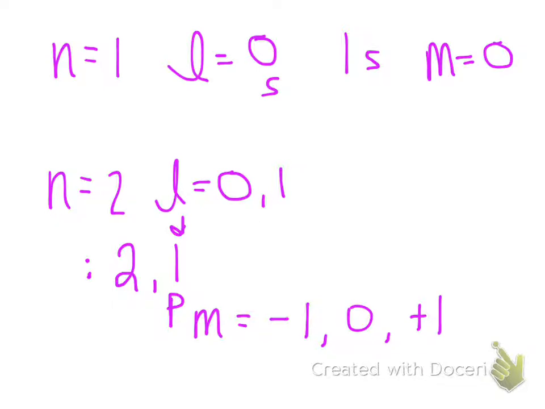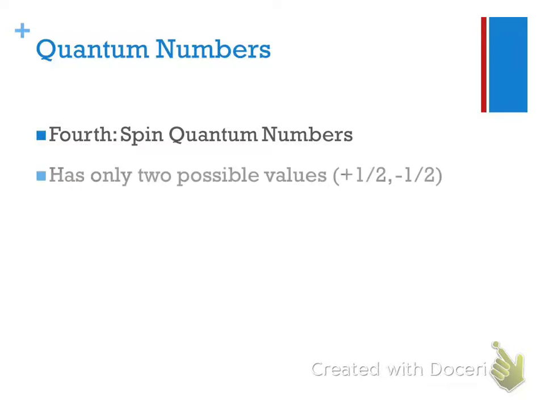Okay? Our spin quantum number, all this tells us is that each electron within our orbitals has a certain spin. One spins in the positive direction, one spins in the negative direction.